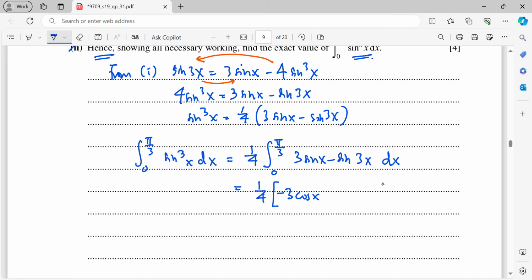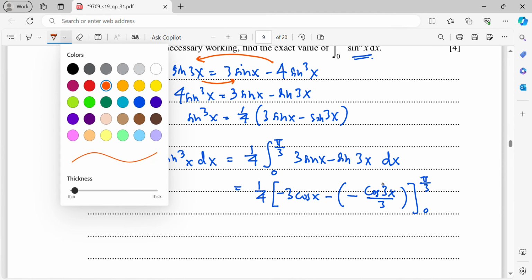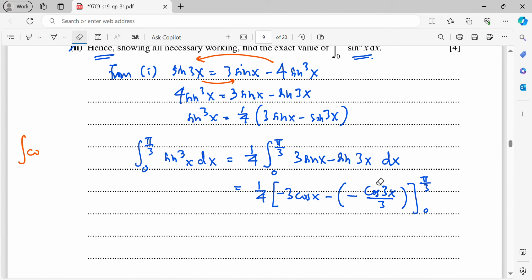And then the negative sine 3x, it will be negative of negative cos 3x over 3, because of our formula over here. The formula is basically integrate sine mx plus b dx, that is negative cos mx plus b over m plus c.